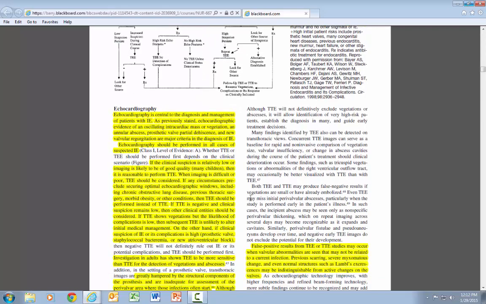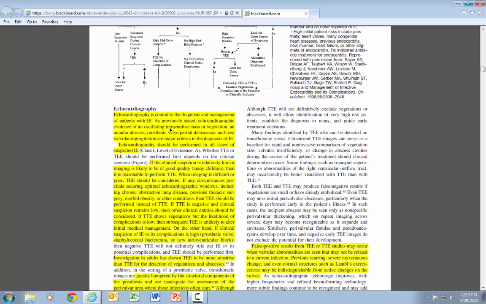Here again is highlighted the importance of transthoracic echocardiogram versus the transesophageal echocardiogram. So remember, echocardiogram is central for the diagnosis and management of infective endocarditis.